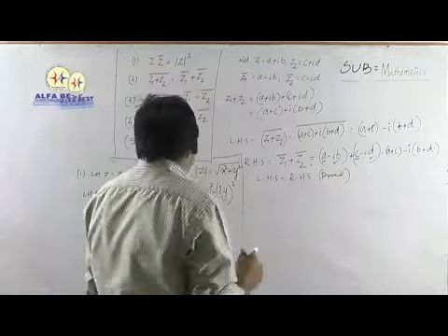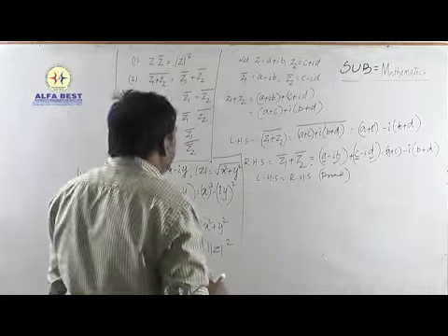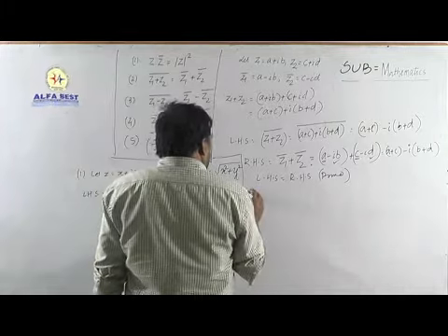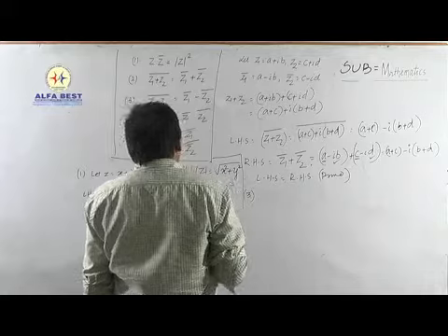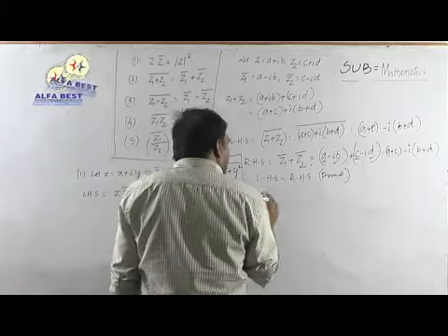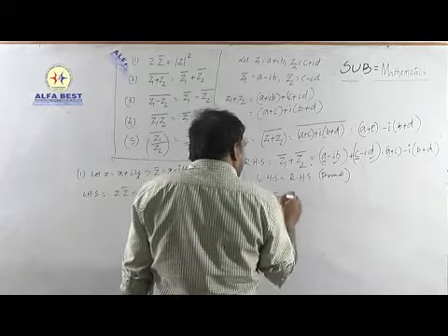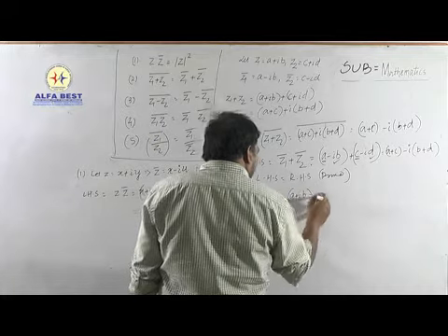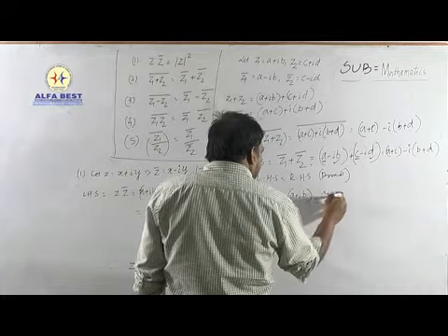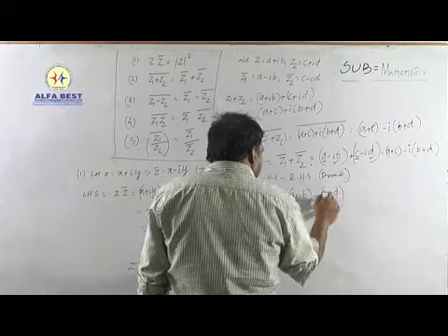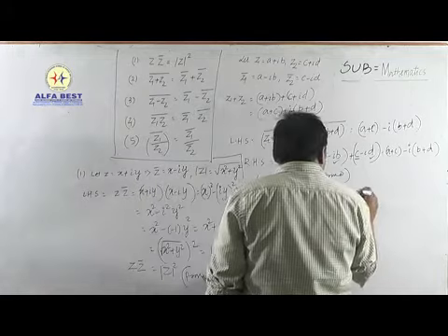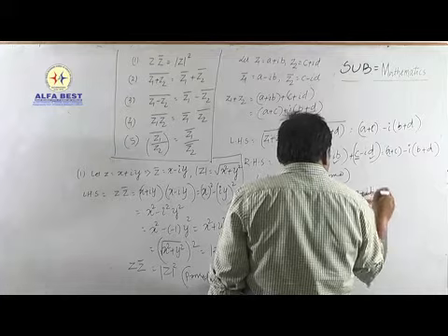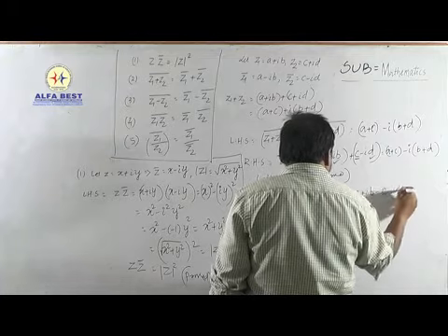Now we will go to question number 3. In question number 3, we need Z1 minus Z2. So what will be Z1 minus Z2? This will be A plus IB minus Z2, which is C plus ID. So this is your A plus IB minus C minus ID.